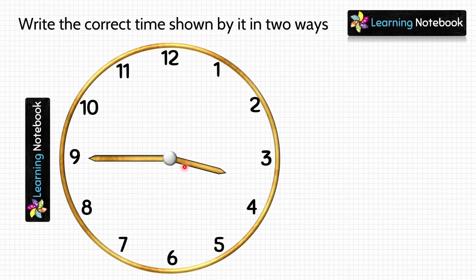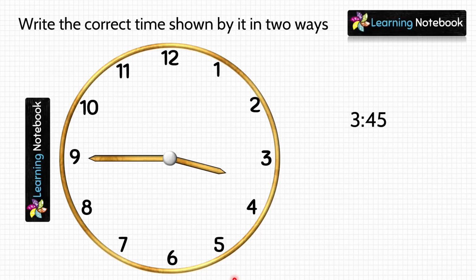Here, hour hand is in between 3 and 4. So hour is 3. Now minute hand is on 9. So 45 minutes have passed. So we will read the time as 3:45.